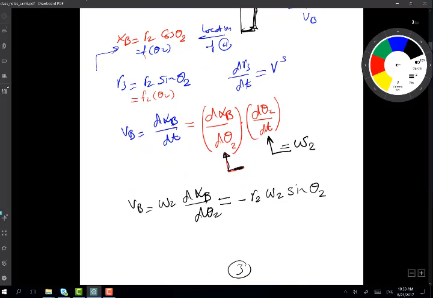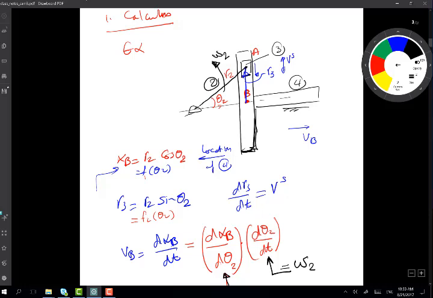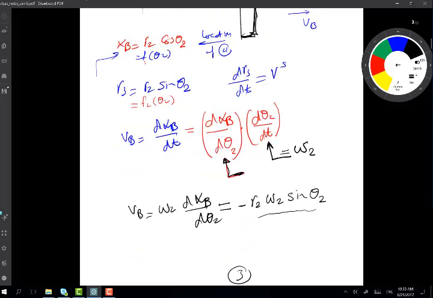All right. So in this case, as omega 2 is positive, I get a negative velocity from this expression for the range theta 2 equals 0 to pi, which makes sense to me because as the crank rotates all the way from the right hand side to the left hand side, it will be dragging the slider 4 in the left direction, which is opposite to the x axis, and this is a negative velocity 100%.